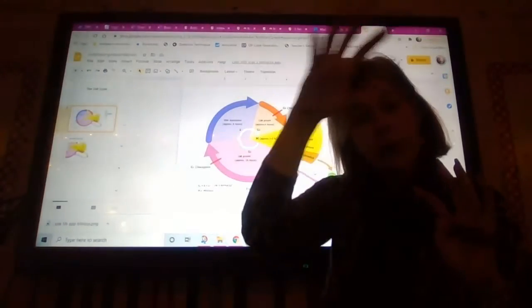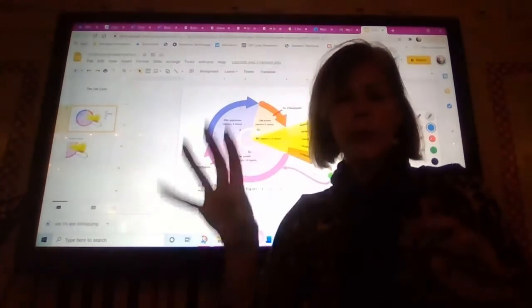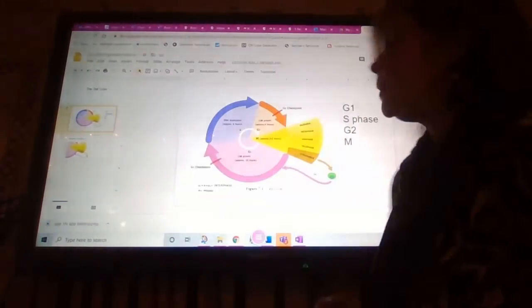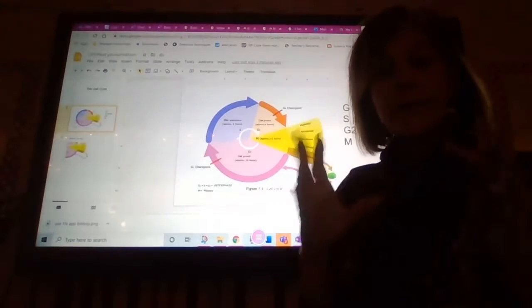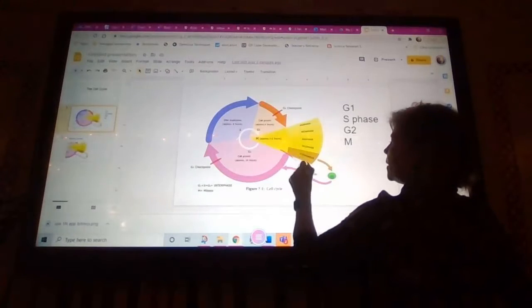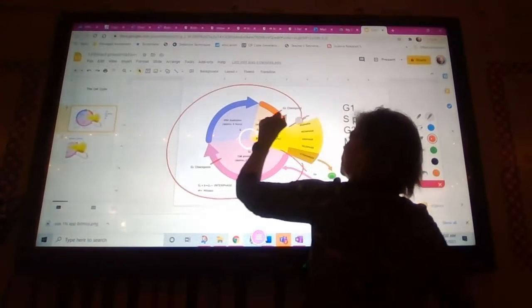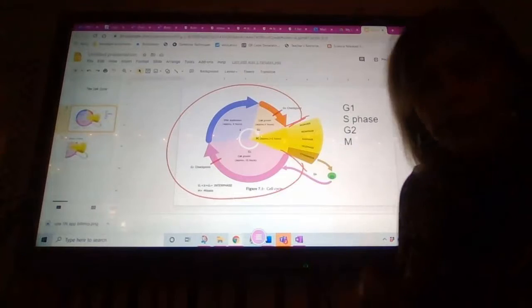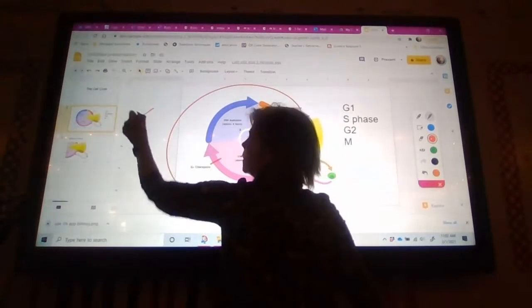So cell cycle, just like a butterfly's life cycle, has a circular idea behind it. So if we look at this graphic of the cell cycle, here's what you should notice. From this point all the way to this point. So everything not in the yellow wedge is interphase.